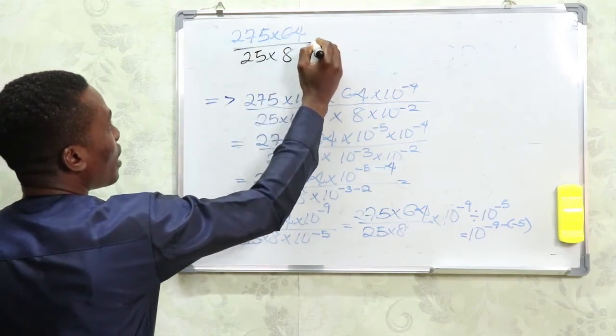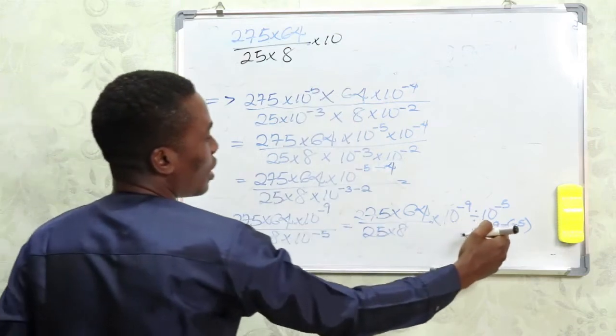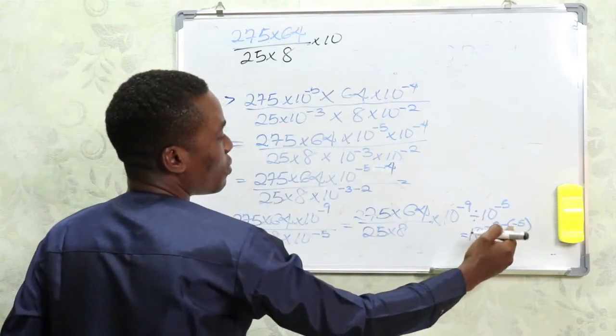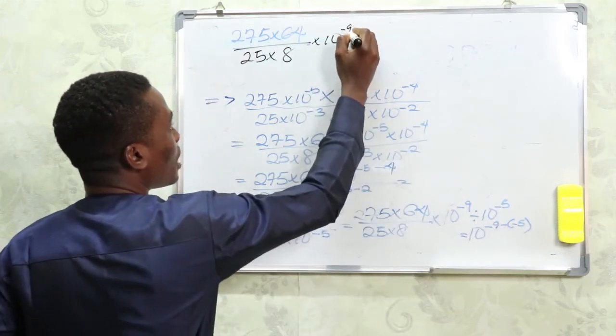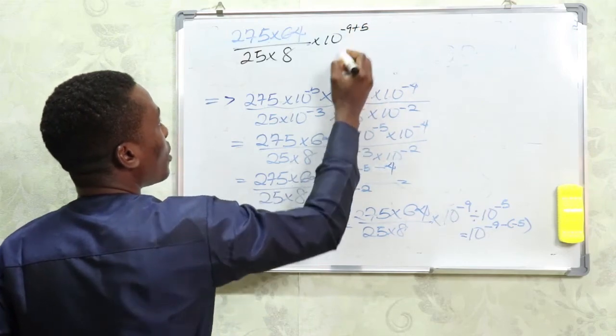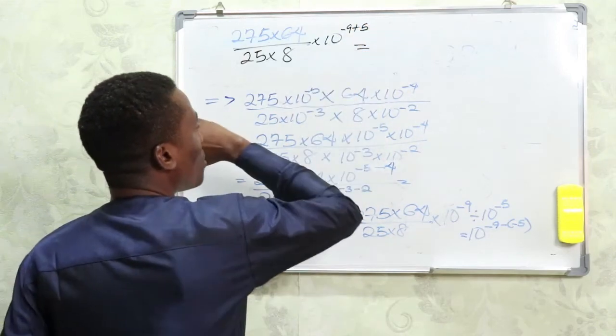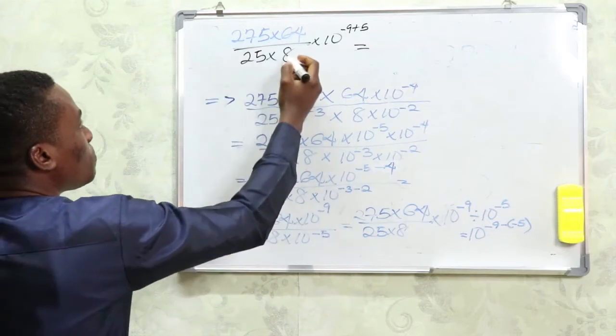Now multiply by 10 raised to power minus times minus will give us a plus. That will be minus 9 plus 5. So this will now be equal to, we want to simply reduce this further.